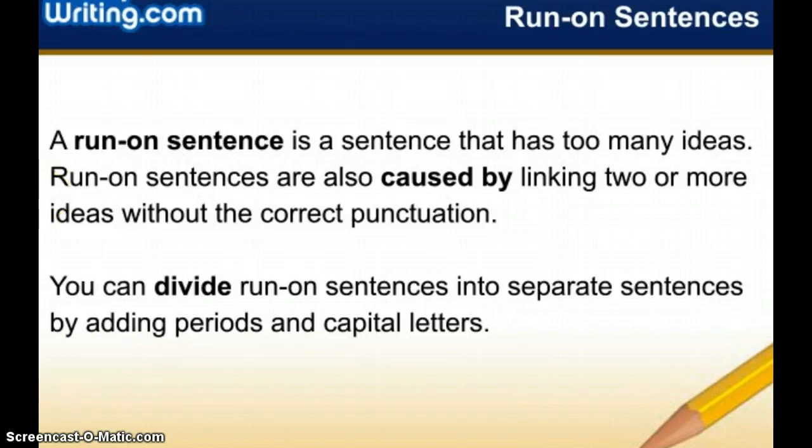Okay, here is your first key term, the run-on sentence. As you can see by definition, it is a sentence that has too many ideas or is without the correct punctuation, where you have two or more ideas without the correct punctuation. That's key right there. To correct a run-on sentence, you have to divide it into separate sentences by adding periods and capital letters.